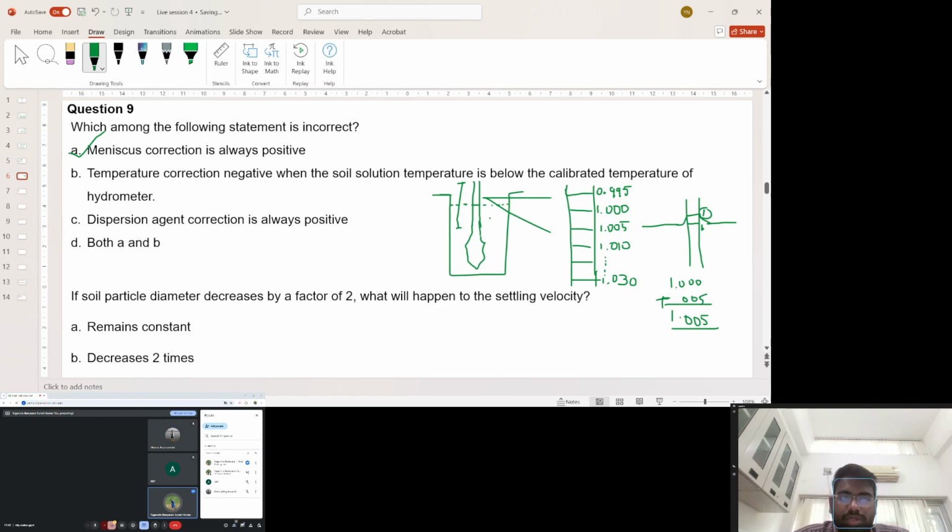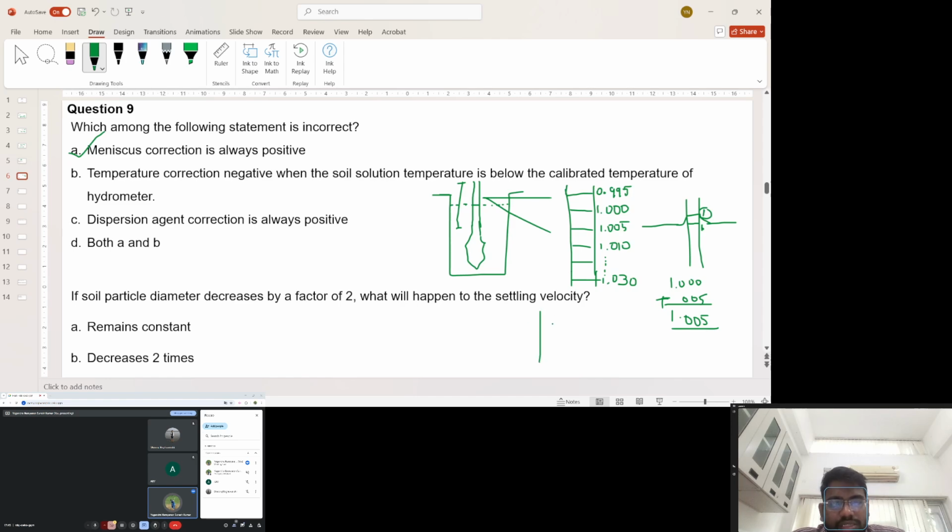Now coming to the next point: temperature correction is negative when the soil solution temperature is below the calibrated temperature of the hydrometer. When the temperature is more, water tends to expand, and the corresponding density changes will be there.